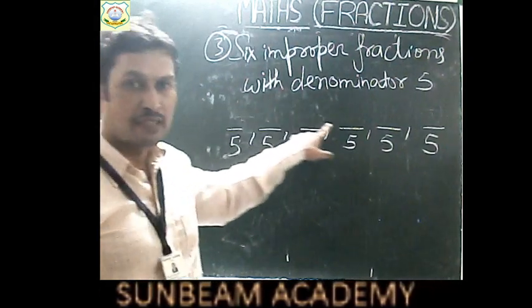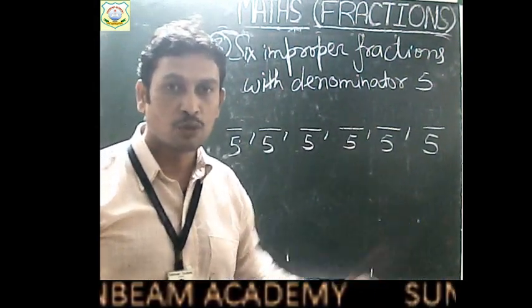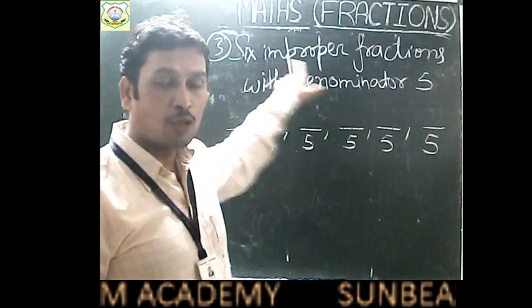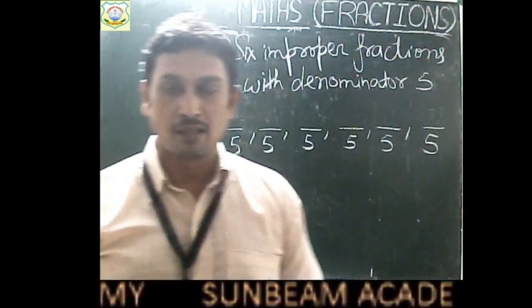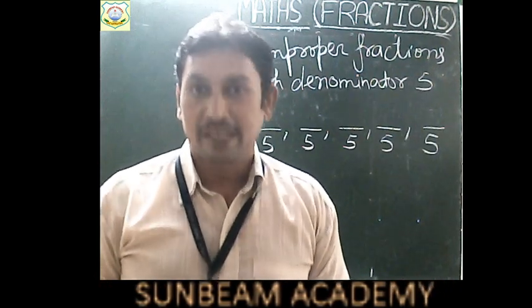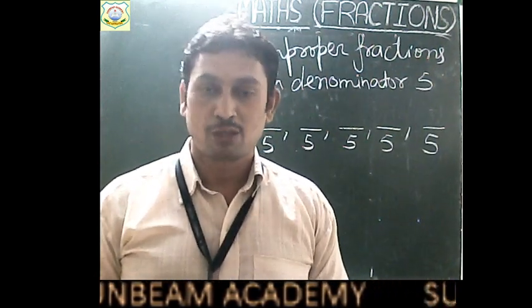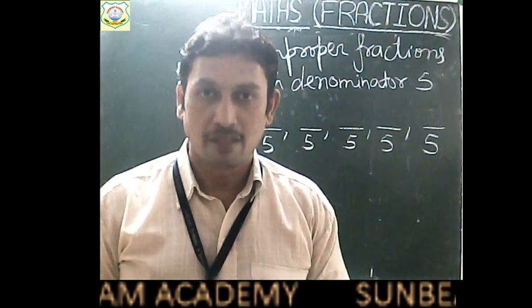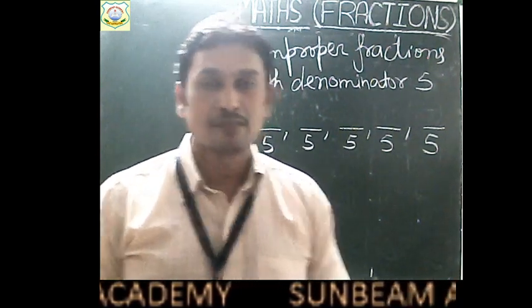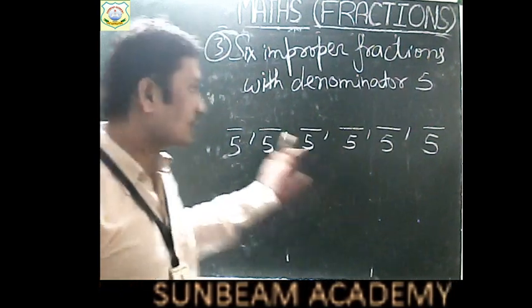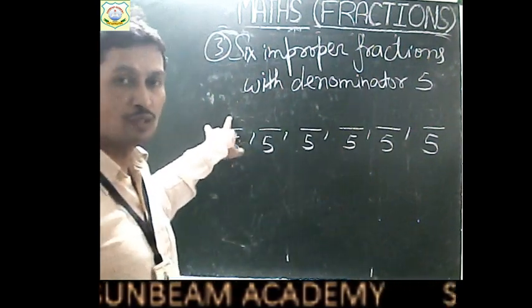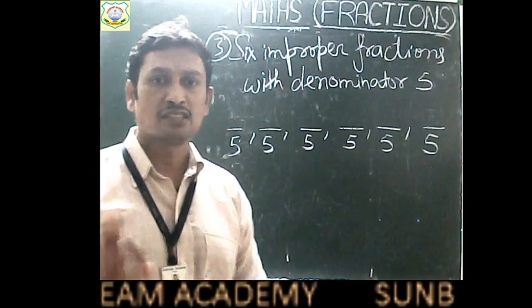Now what about numerator, children? Numerator, we don't know. But we know that all of these are improper fractions. So value of numerator must be greater than or equal to the denominator because the fractions are improper. Right, children? So we will write the numbers which are greater than 5. Clear? So in place of numerator, you have to write any number which is greater than 5.